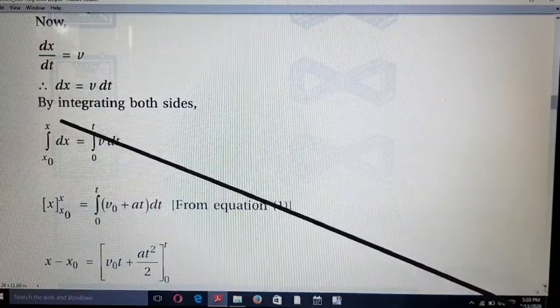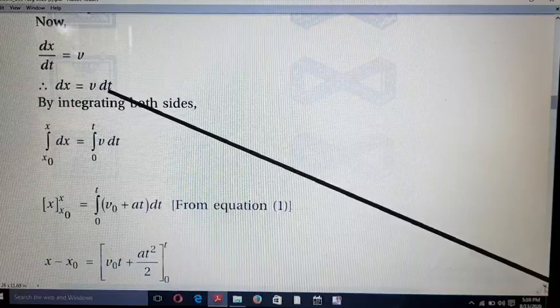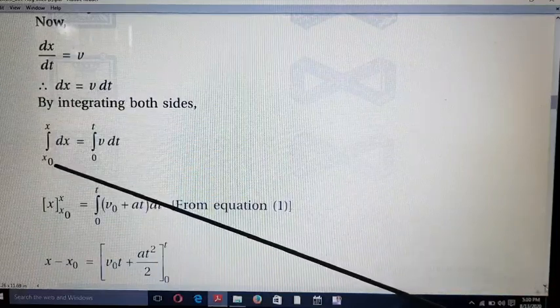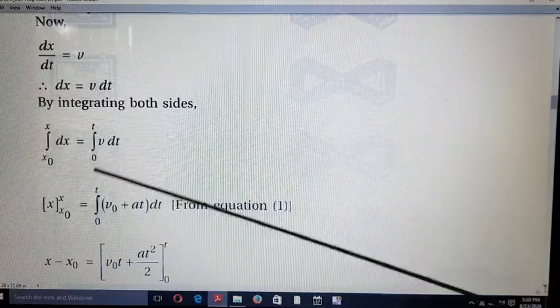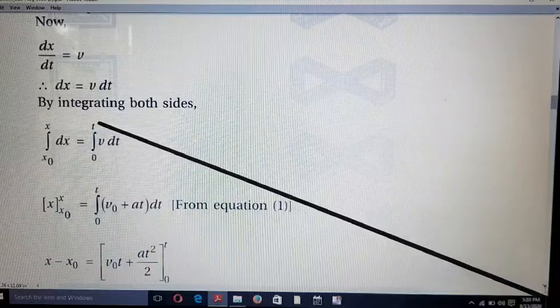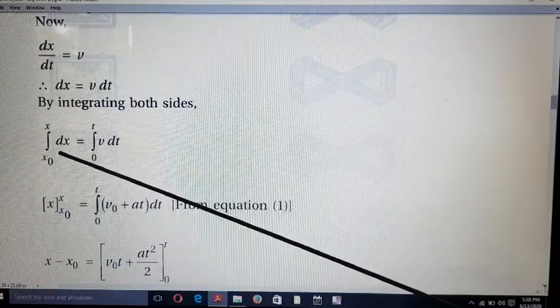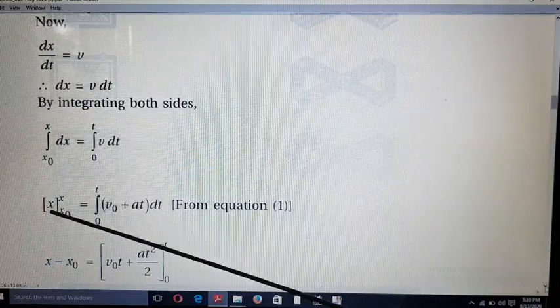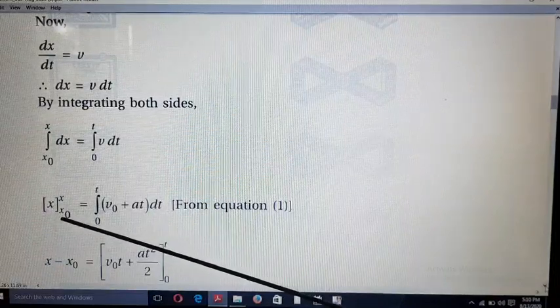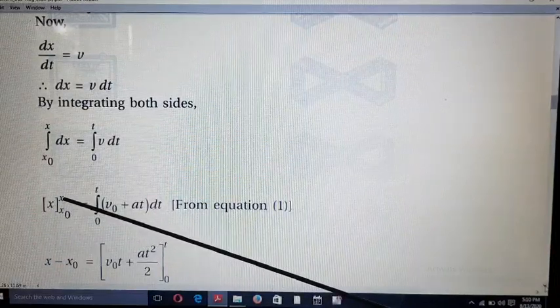So now we take integration of this equation, where to where? x0 to x, and here time is 0 to t. So integration of dx is equal to x. Here x0 is the lower limit and x is the upper limit.